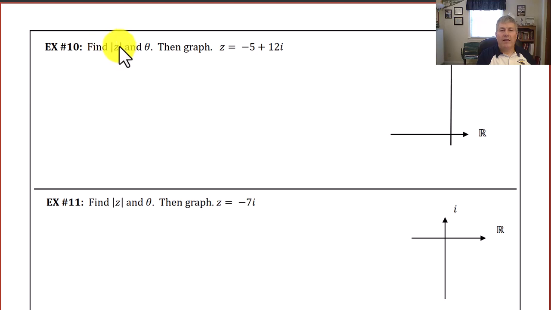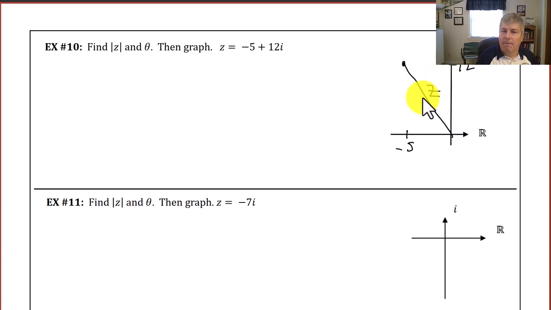So find the magnitude of z and find theta, then graph z equals -5 plus 12i. I would probably graph -5 plus 12i first. So I'll go -5 on the real axis, and I'll go 12 on the imaginary axis, and I'll plot that particular point.